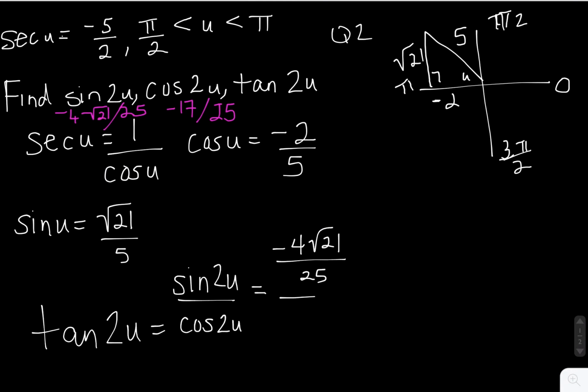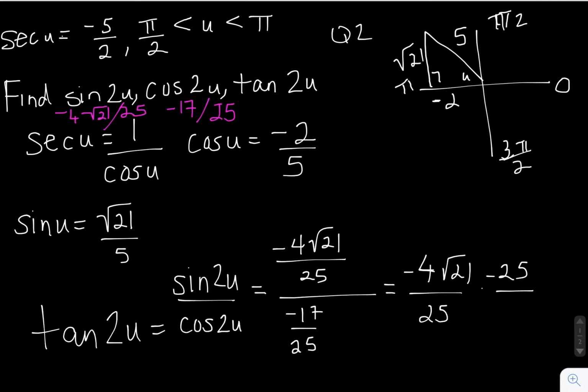And that's going to be over, what is cosine of 2u? Negative 17 over 25. Again, we have a keep, change, flip. So we have negative 4 square root of 21 over 25 times the reciprocal, so that's 25 over negative 17.